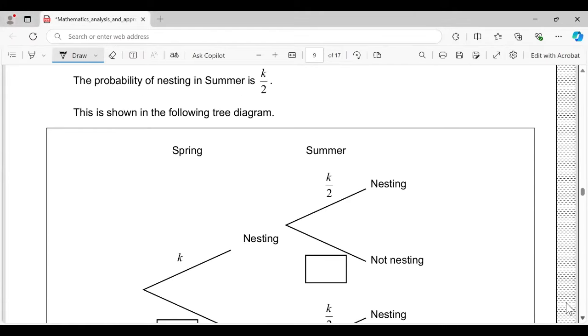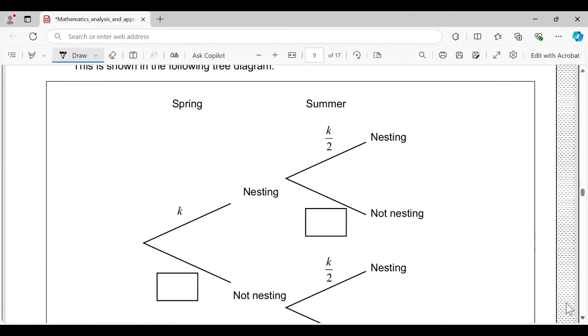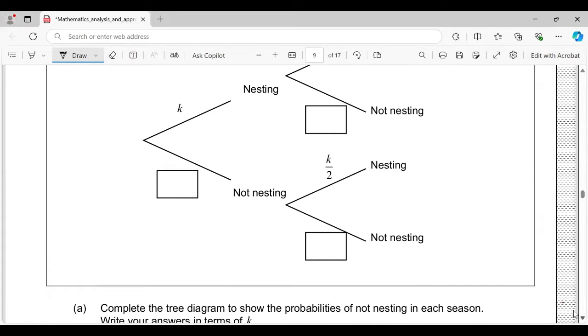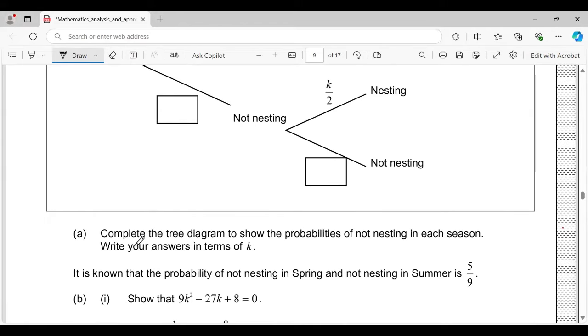This is the spring probability, and this is for summer. Complete the tree diagram to show the probabilities of not nesting in each season. Write your answer in terms of k.